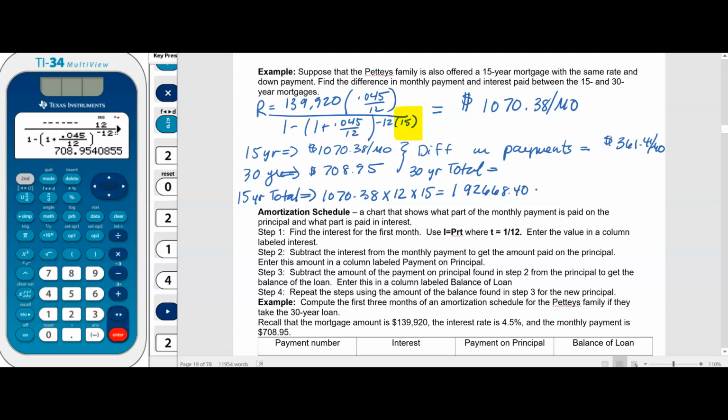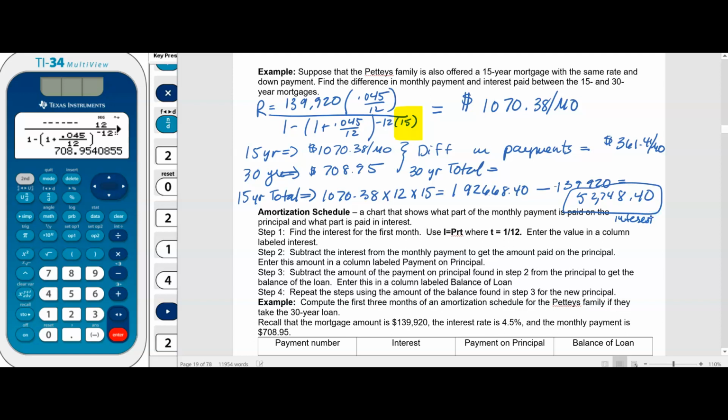So if that's the total, I'm going to subtract how much they borrow, so $139,920, and they end up paying $52,748.40, and that's the interest.